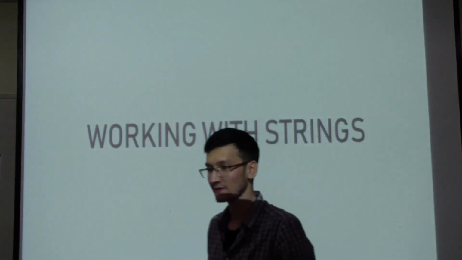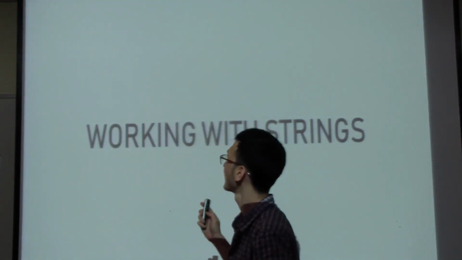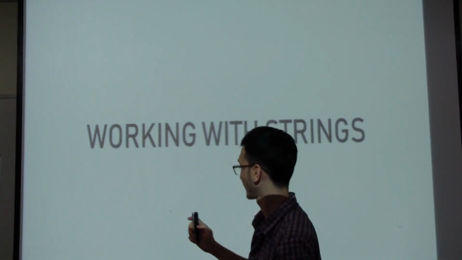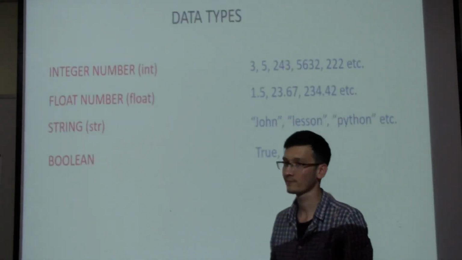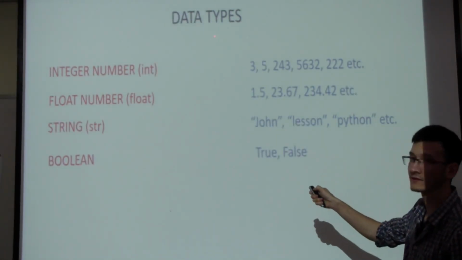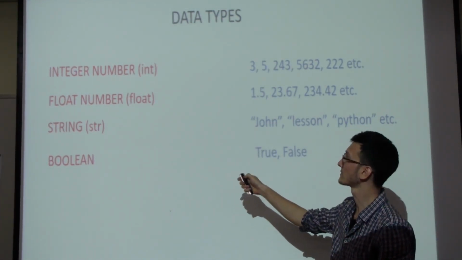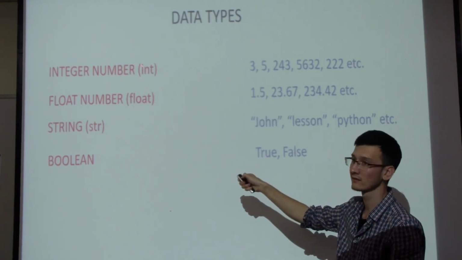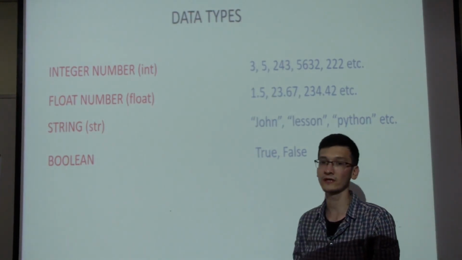Okay. In the previous lesson, we learned how to work with variables and data types. In the Python programming language, what kind of data types do we have? Integer number, the short name is int. An integer number can be 3, 5, 243 without any point.